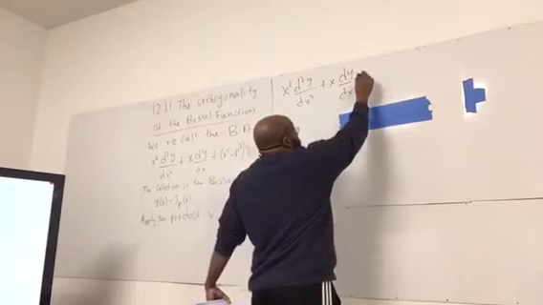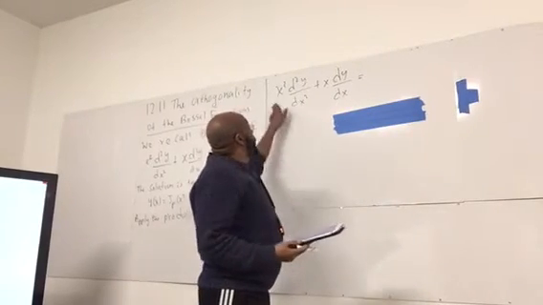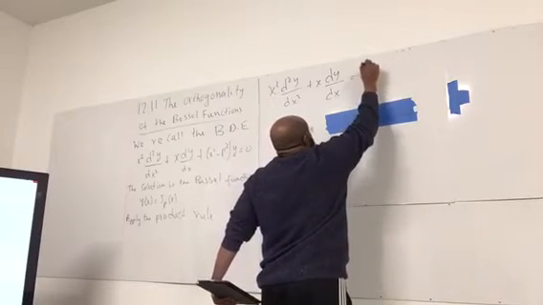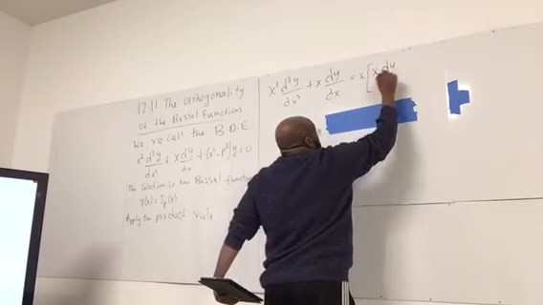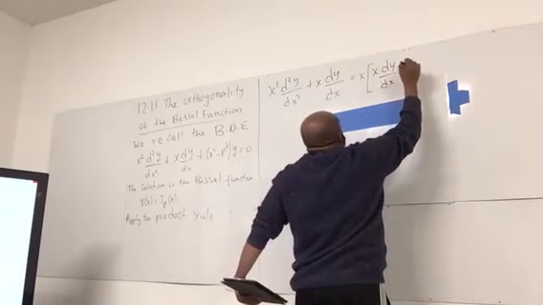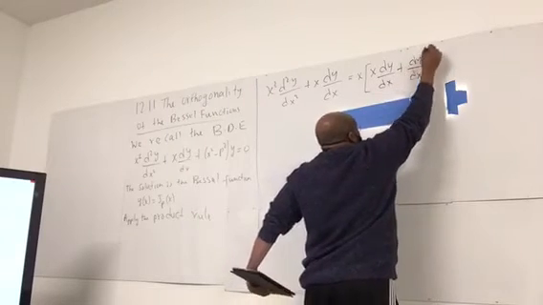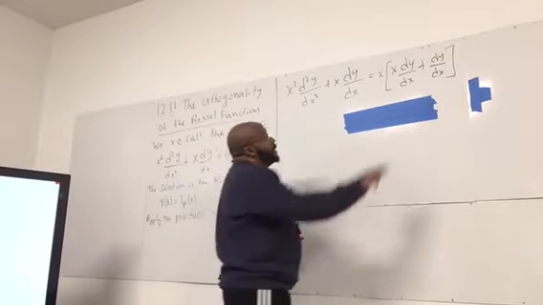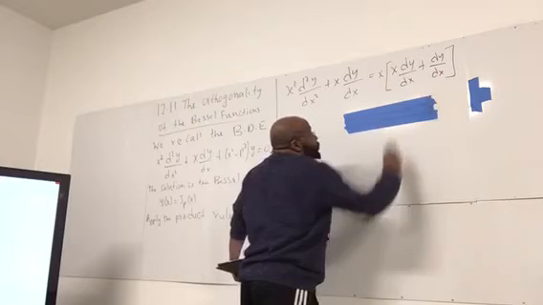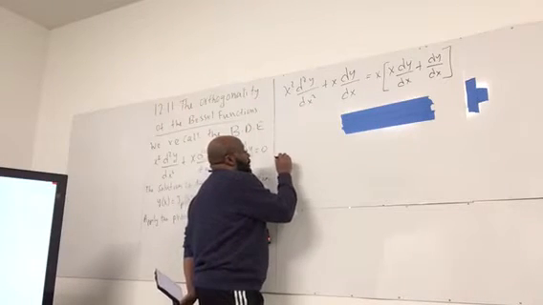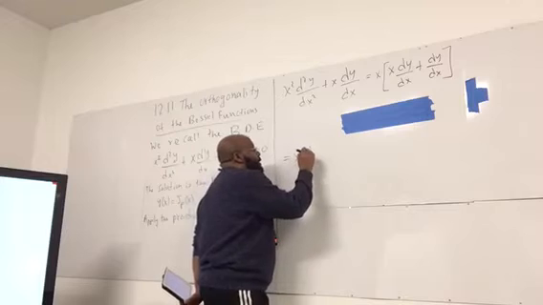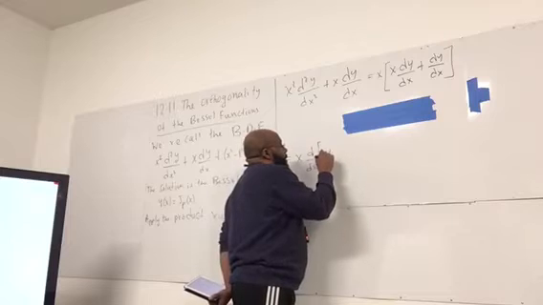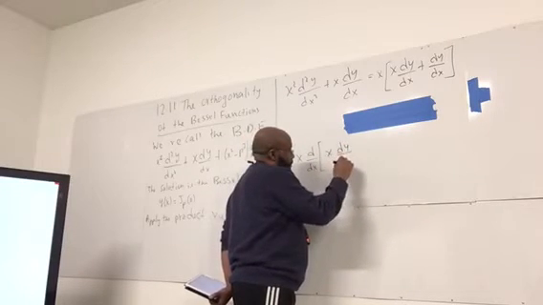If I factor out x from both terms, I would have x times (x d squared y by dx squared plus dy by dx). I can merge these if I apply the product rule, which is going to be x d by dx of x dy by dx.